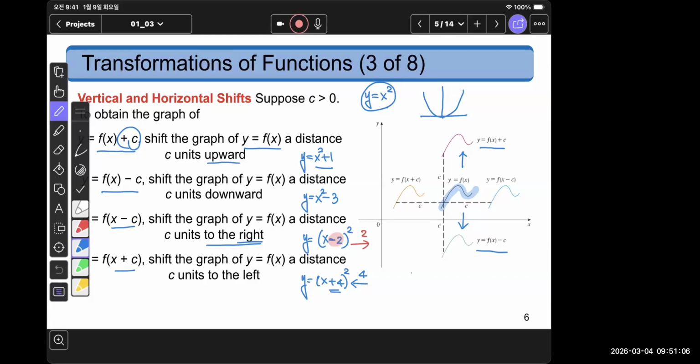So for example, if I have y equals x squared plus 4x plus 1, then that is x plus 2 squared minus 3.